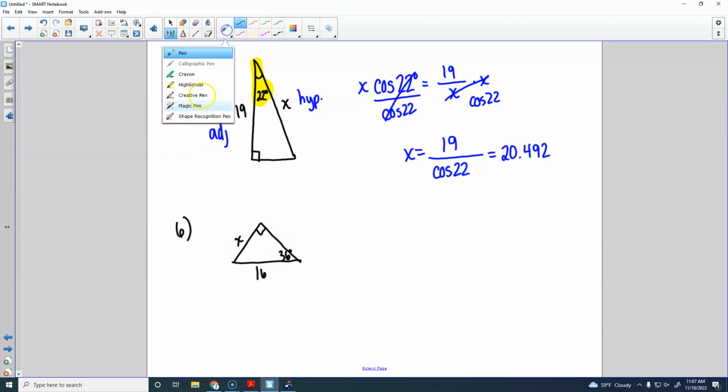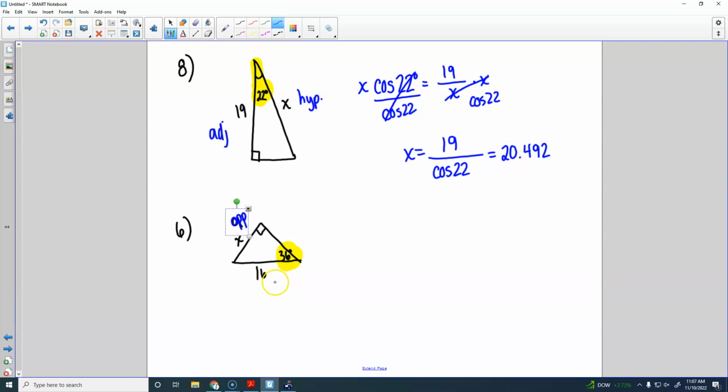Okay, so we're looking at this angle right here. That's our focus angle there. So X, is that opposite, adjacent, or hypotenuse? It is opposite. It is across from the angle that you're looking at. And then 16, is that opposite, adjacent, or hypotenuse?